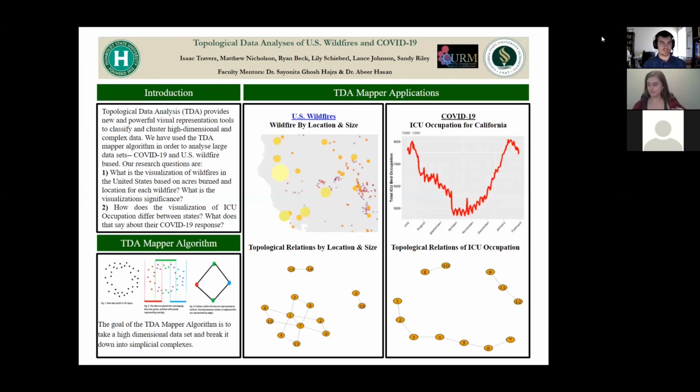We then used a two-dimensional mapper algorithm to generate the graph that's visualized in the lower half of the poster. And what we saw here is three disconnected pieces where each piece represents a period of relatively stable rates and separated by rapidly changing rates of ICU occupation.